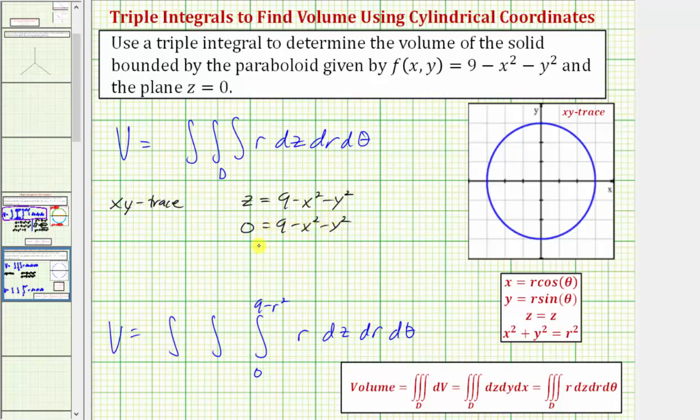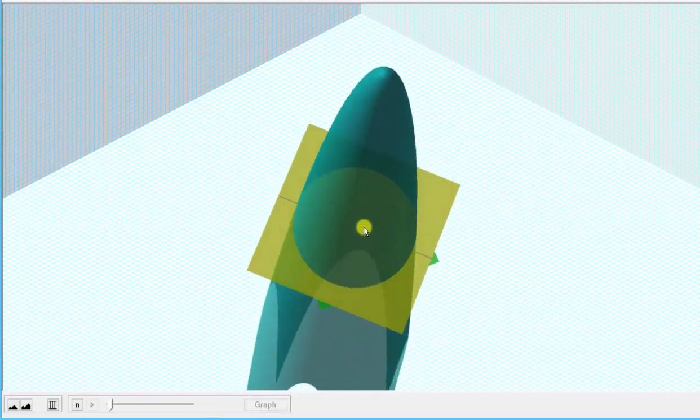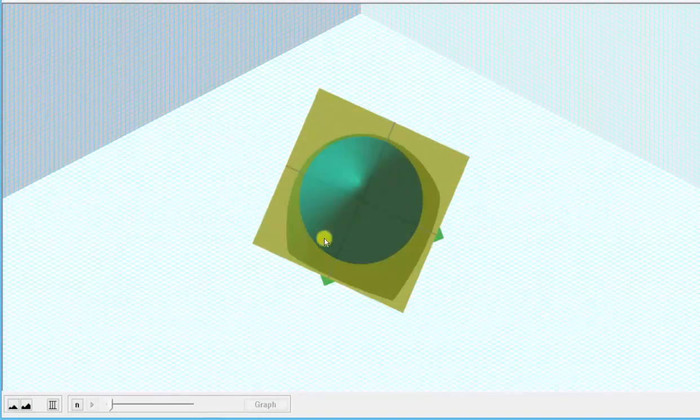And here, if we move the variable terms to the left side, we have x squared plus y squared equals 9, which we should recognize as this circle here, where it's centered at the origin, and the circle has a radius of 3. If we go back to our graph just for a moment, we can also view the xy trace by looking down on the xy plane, as we see here.